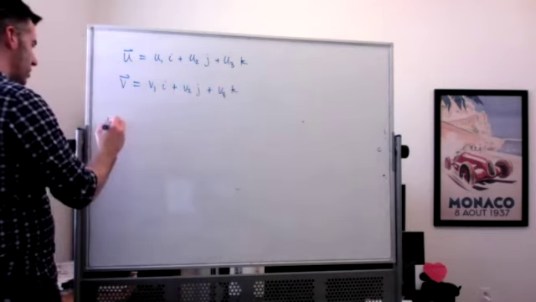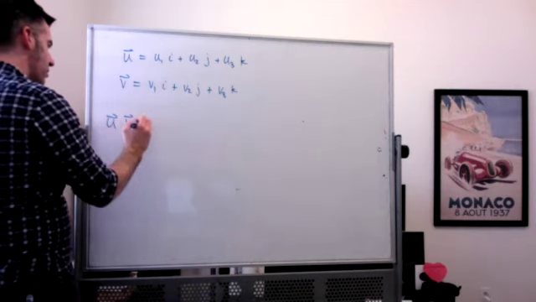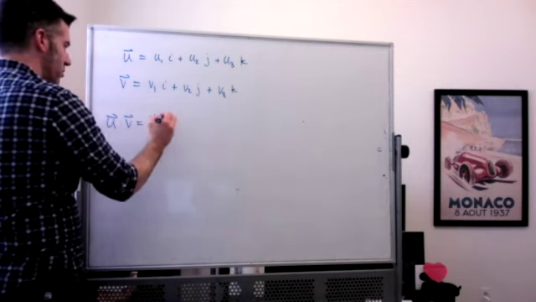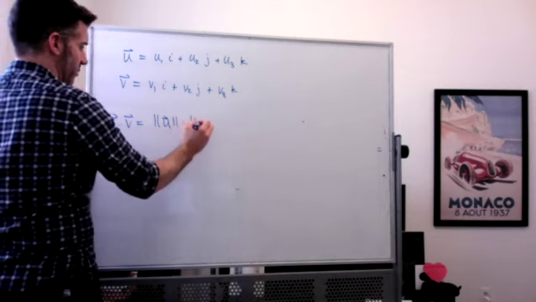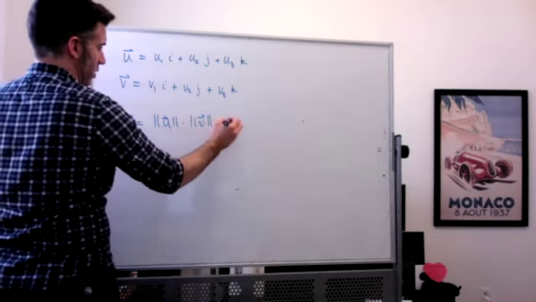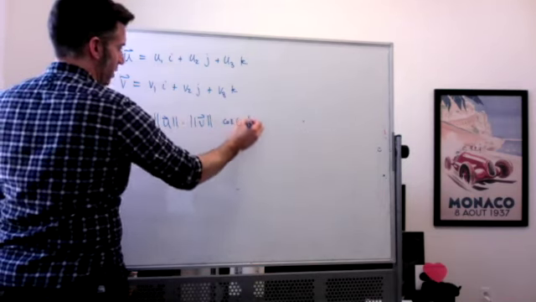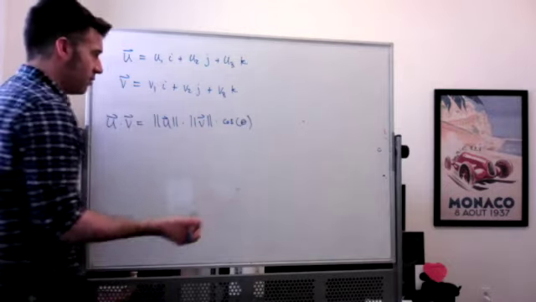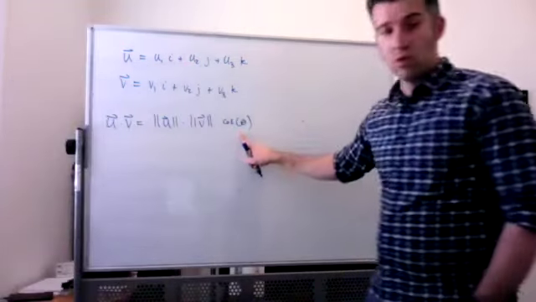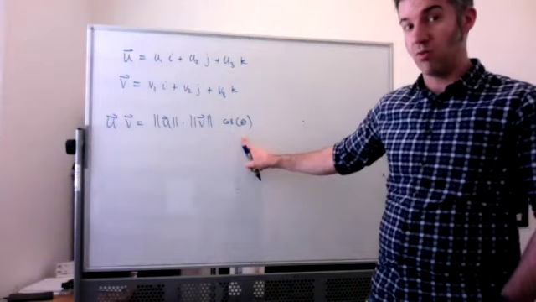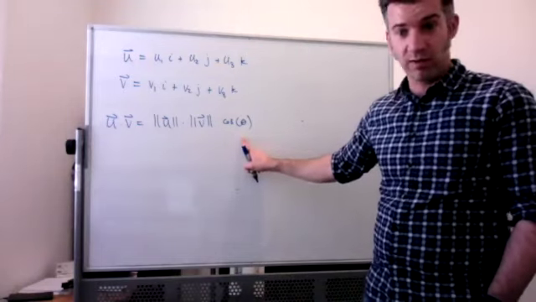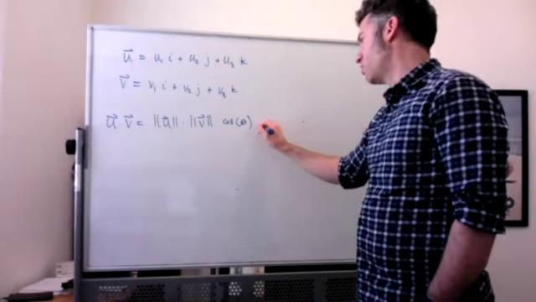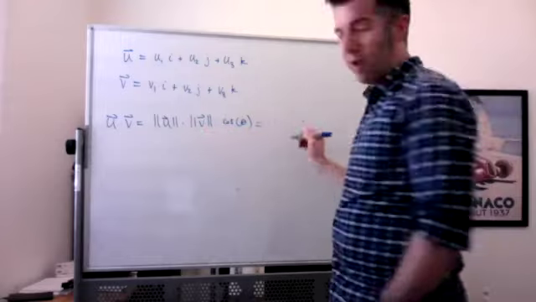You can either find u dot v by doing the magnitude of u times the magnitude of v times cosine of the angle between them. And this gets to be a little messy. I mean, it's not usually easy, especially in 3 dimensions, or more dimensions, to find the angle between 2 vectors. You could write more here. I will write a little bit more.